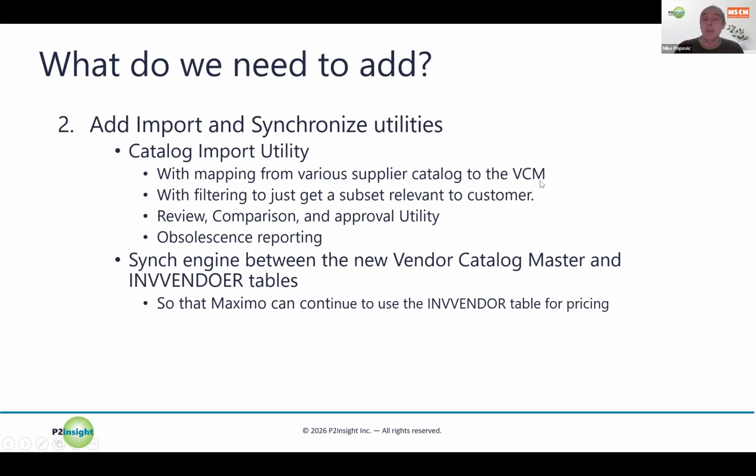So we import the vendor catalog master, but we synchronize the information with the INVVENDOR table. So the INVVENDOR table now contains the current pricing. When Maximo keeps using the INVVENDOR table out of the box, it's using it with the updated current information. So Maximo can continue to use the INVVENDOR table as it does right now, and we make no source code changes. Basically, Maximo continues working as always.